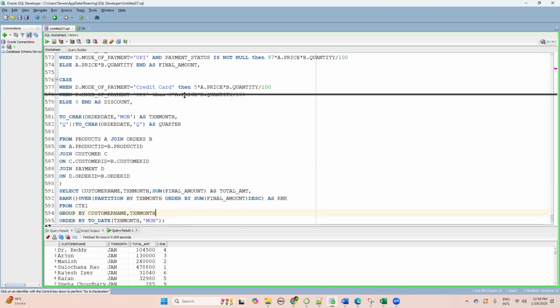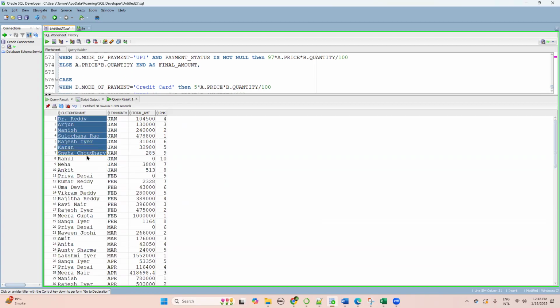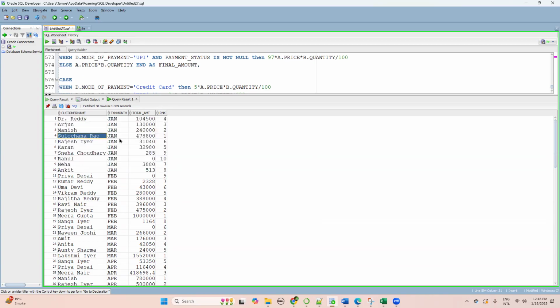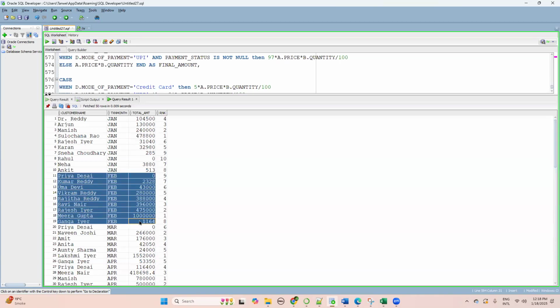Now check it. January month. This is the data. They all have done transactions in January. Out of this, Sulochna Rao has done the maximum transaction. Rank is 1. Similarly, February. First rank is Meera Gupta. She has done the highest transaction, maybe 1 million, right? This is clear.